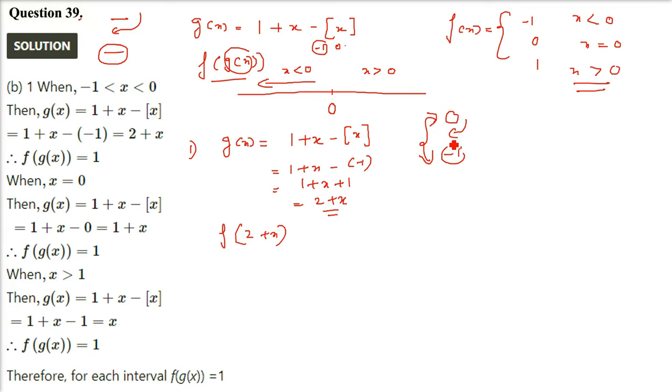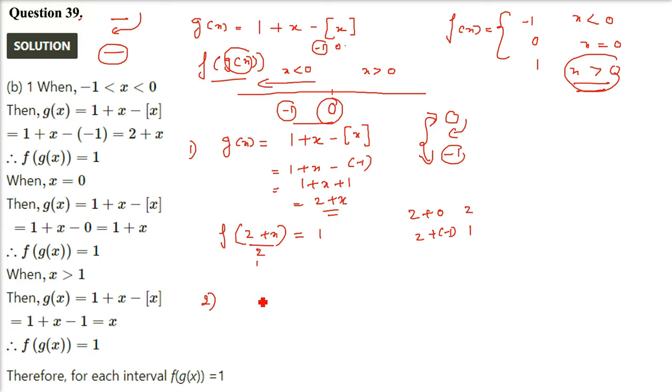In this interval, if you talk about 0 to minus 1, just put 0 and minus 1 and then see what happens here. Let us talk about 0 to -1 only, because we have taken this interval and we have talked about the greatest integer function between 0 and minus 1. So 2 plus 0, 2 plus minus 1. Once I'm putting 0, next time I'm putting -1. So even if you put 0 and minus 1, you will get 2 and 1, which is greater than 0. So f(x) is 1, because for x greater than 0, f(x) will give you 1.